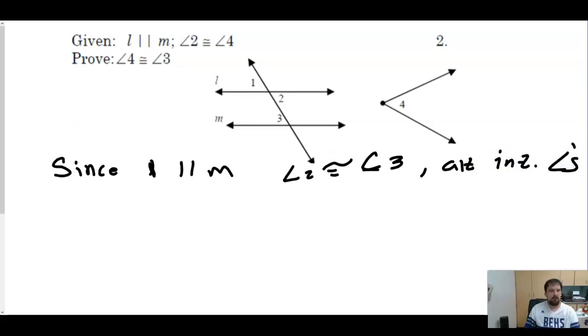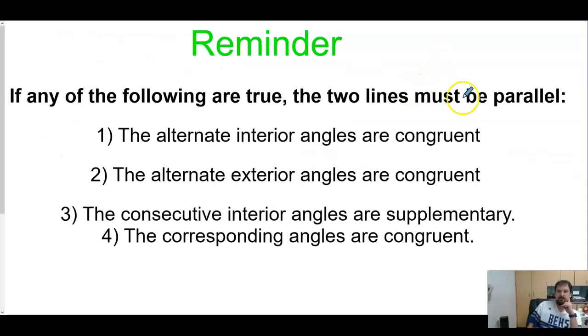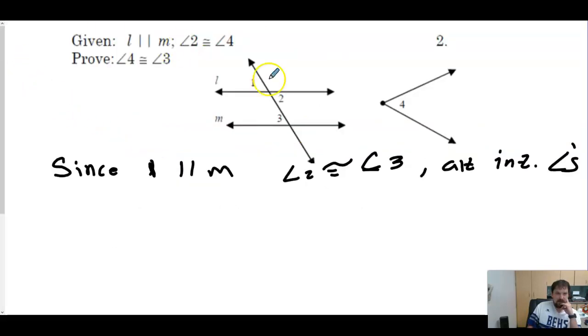So if you remember, if we come back here, if two lines are parallel, we know that their alternate interior angles are congruent. So we know that angle 2 and angle 3 are the same because it was given to us that L and M are parallel. So 2 and 3 have to be congruent.